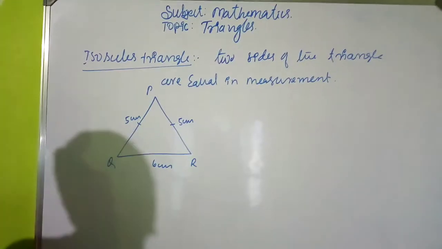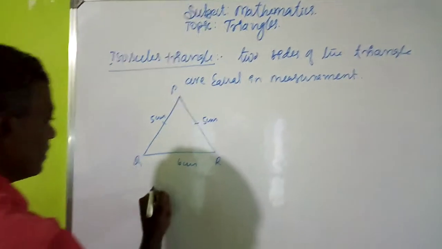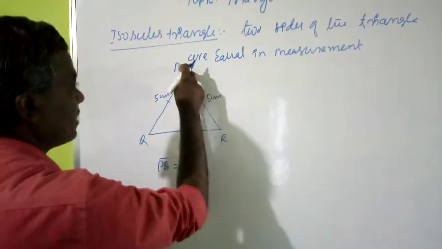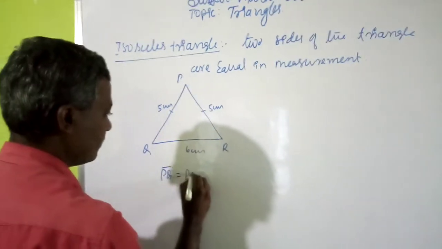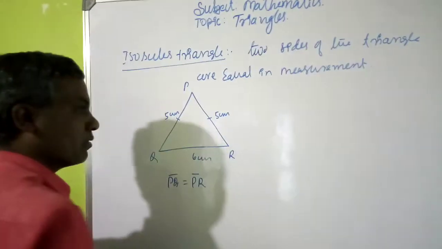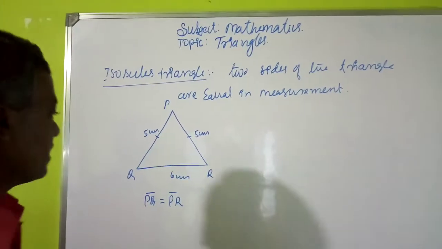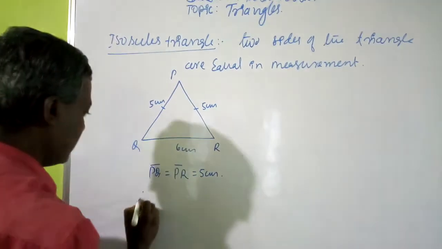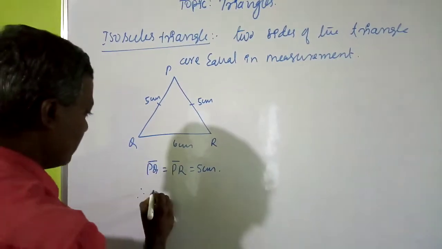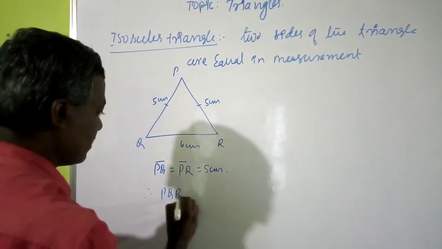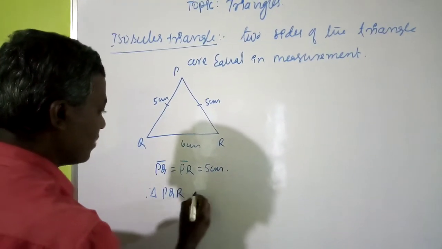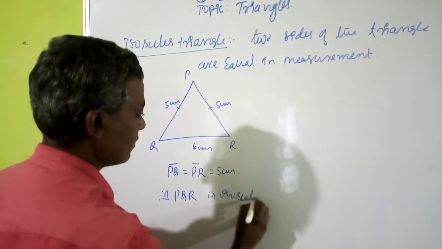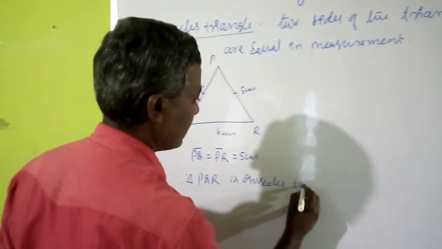In this triangle, side PQ is equal to side PR, because these two sides have the same measurement, 5 centimeter. If two sides are equal, then triangle PQR is an isosceles triangle.